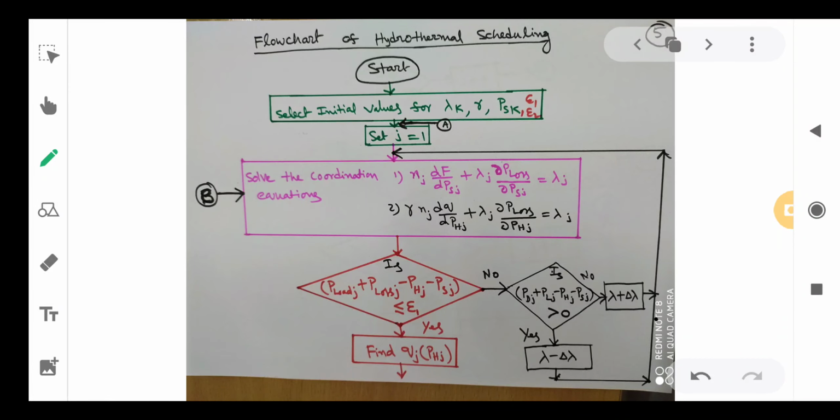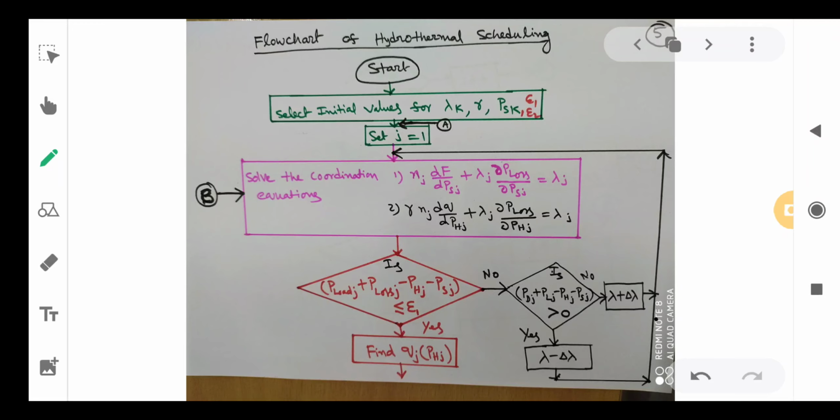If the power balance equation is positive, that means generation is more, so you need to reduce the power to meet the required demand. Demand is less and generation is more, and hence you need to decrement the lambda with delta lambda. If it is less than 0, negative, that means you need to increase the power generation, therefore lambda must be increased to lambda plus delta lambda.